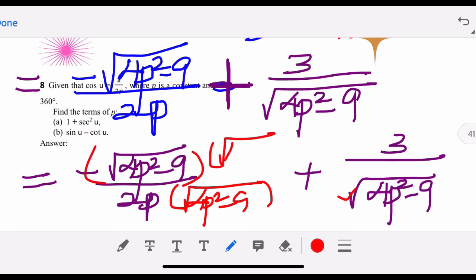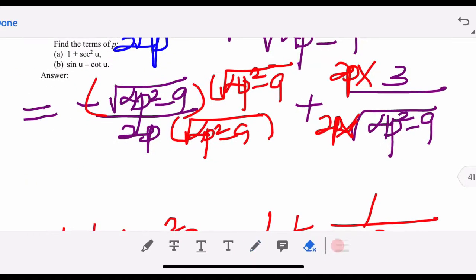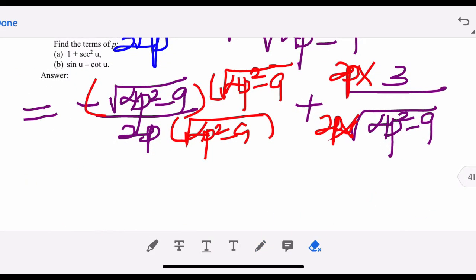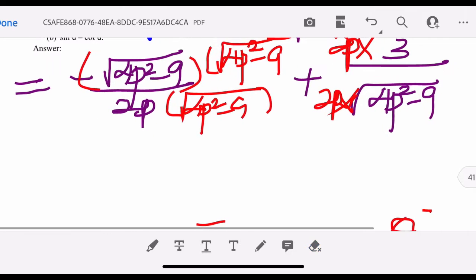And this one you multiply by 2p. Now the denominators are the same, so we can join them to form a better answer.